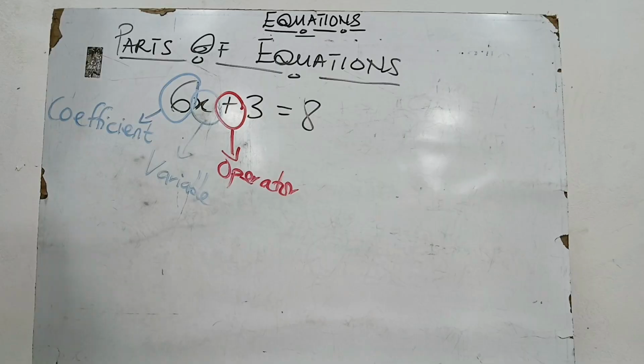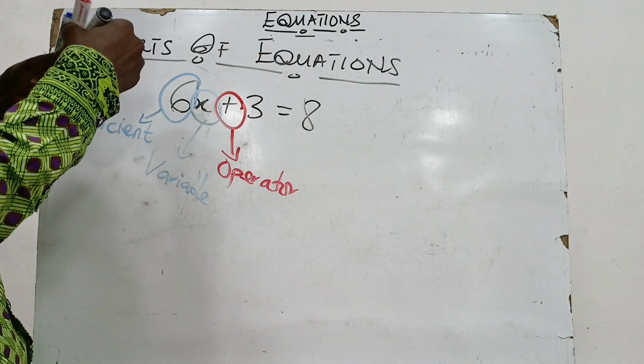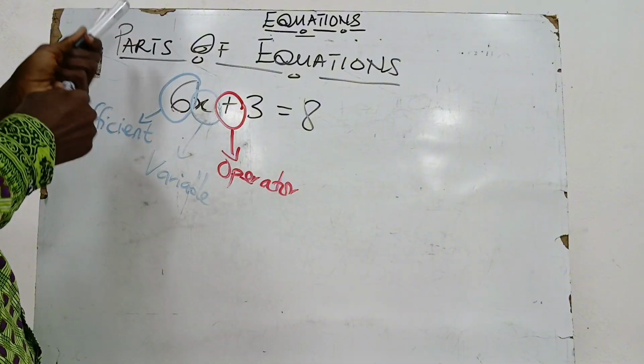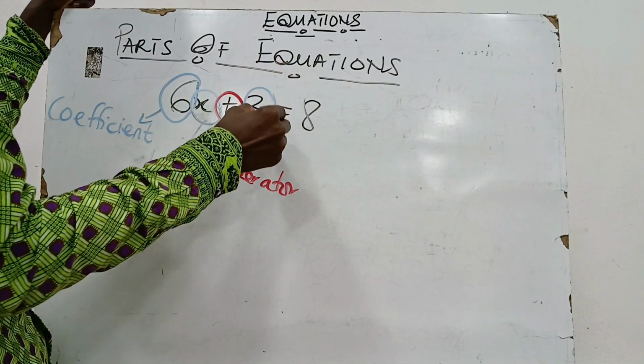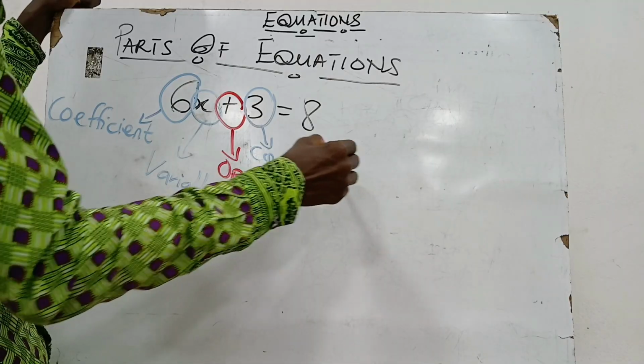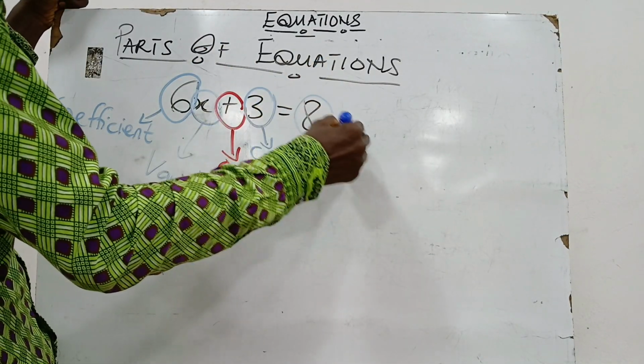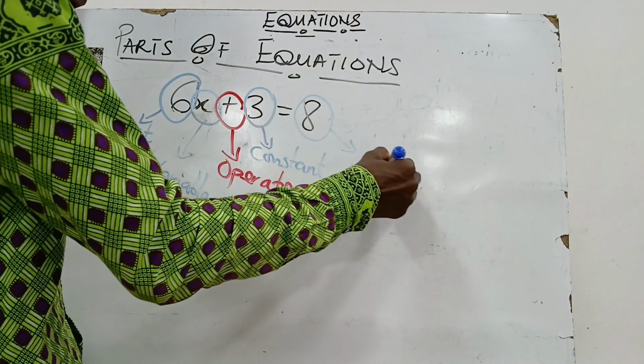Are you following? Great. We also call this 3, this 3 here, the constant. Are you getting it? And just like you guess, the 8 is also what? A constant.